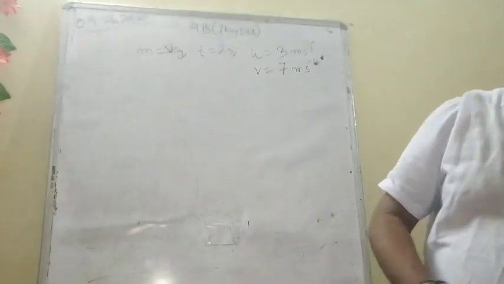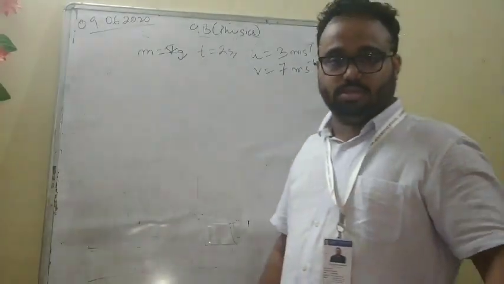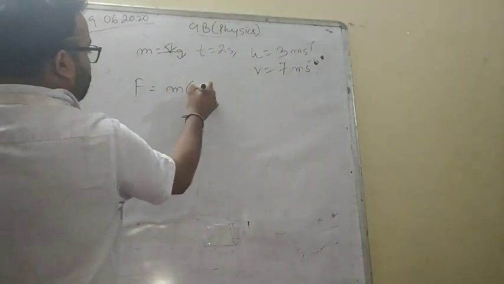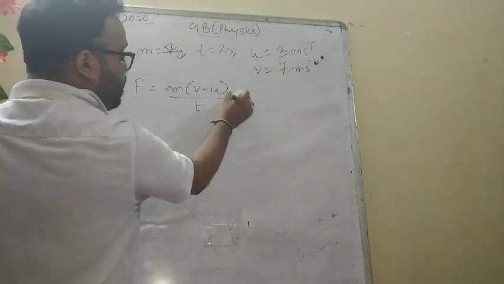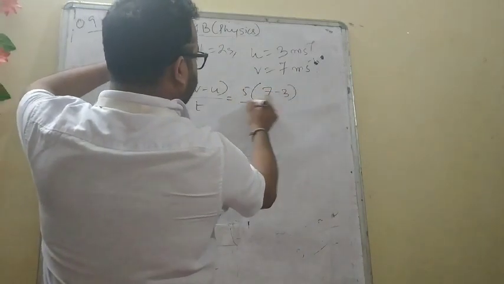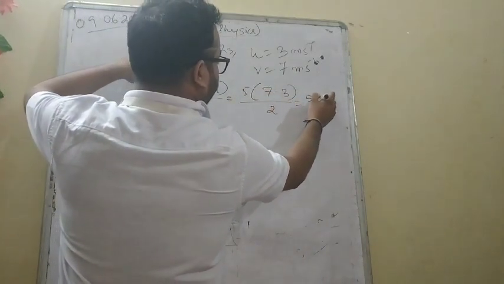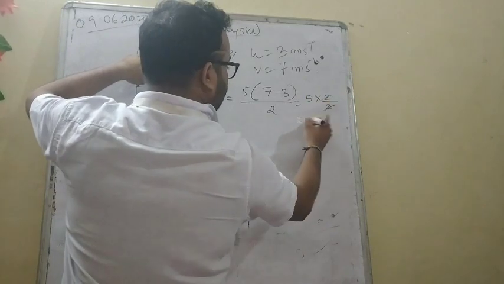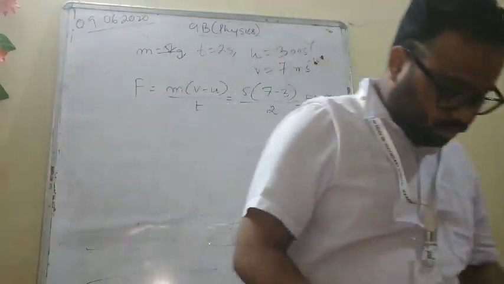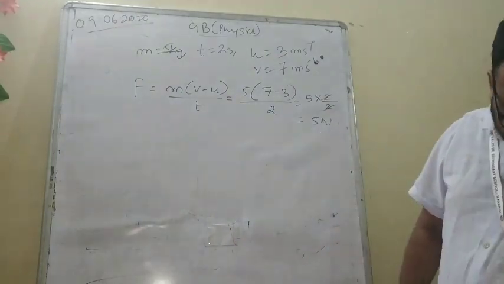Find the magnitude of applied force. So we know that force is equal to m(v minus u) by t. So m is 5 into (7 minus 3) by 2, so 5 into 2 by 2.